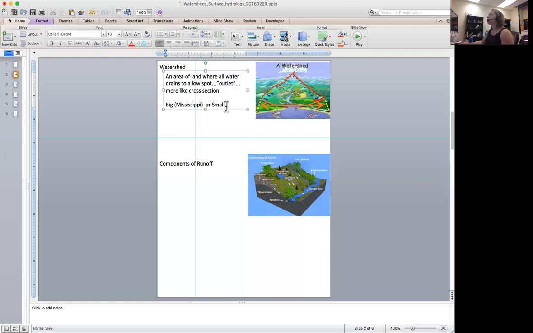Something really small could be the small watersheds at the Konza Prairie. Some of those are only about 100 hectares in size, so pretty small systems. 100 hectares is equal to 1 square kilometer, just so we say this. 1 hectare is equal to about 10,000 meters squared.